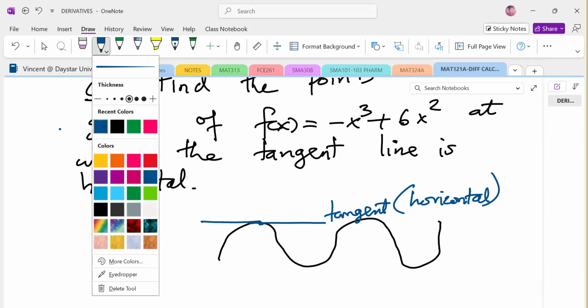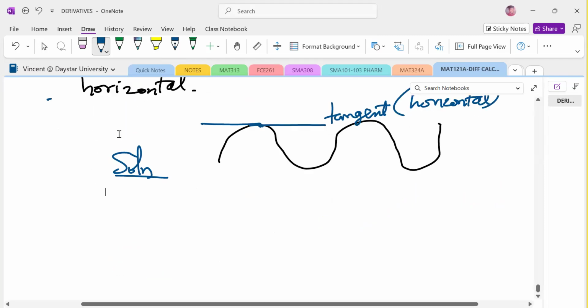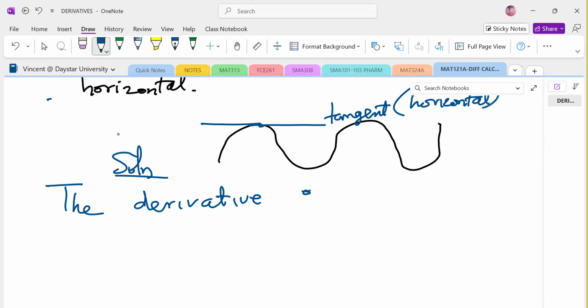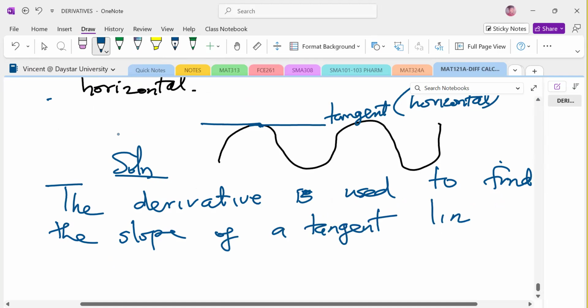So then, solution: the derivative is used to find the slope of a tangent line. This one we know.